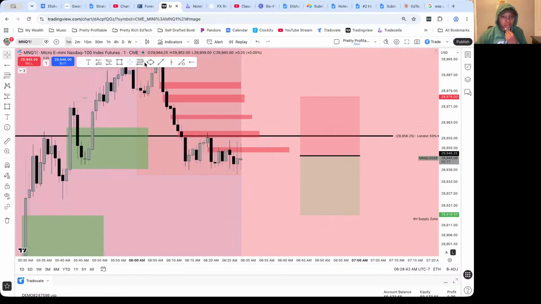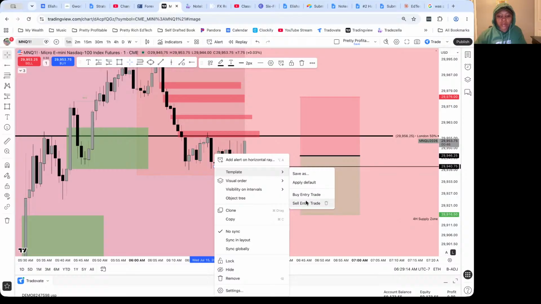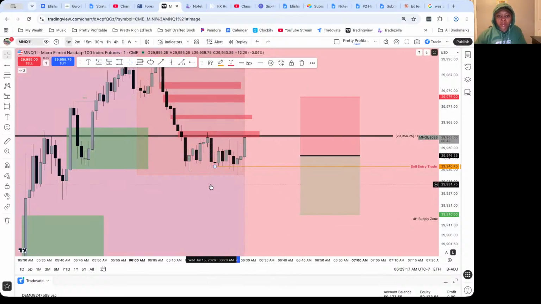Let me get my entry point. What line do I call it? Is it this line? Let me see. Alright, so the market is about to come up. So I could actually have an entry here.